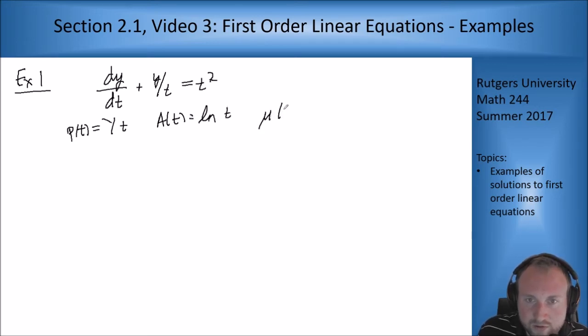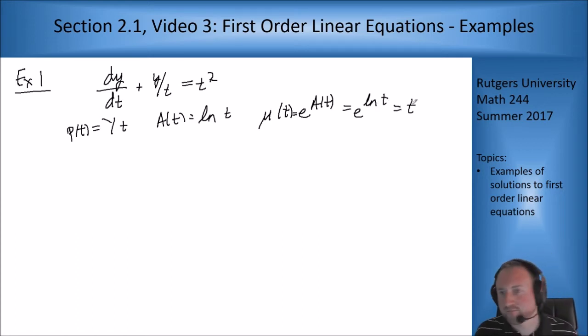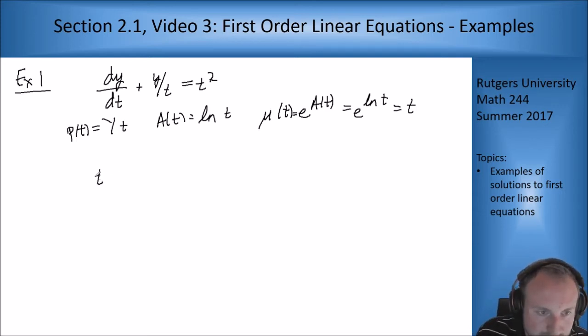And mu is e to the A of t, which is just e to the log of t, which is t. So now I multiply both sides of my equation by t: t dy dt plus y equals t cubed.